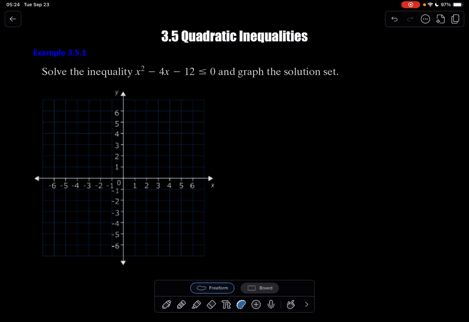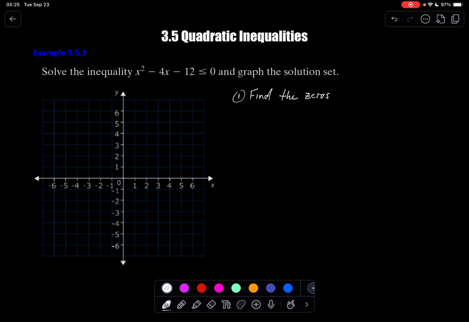Okay. So what we want to do is wherever it's less than or equal to 0. First thing we need to do is find the zeros of this quadratic. So your first step is always going to be find the zeros.